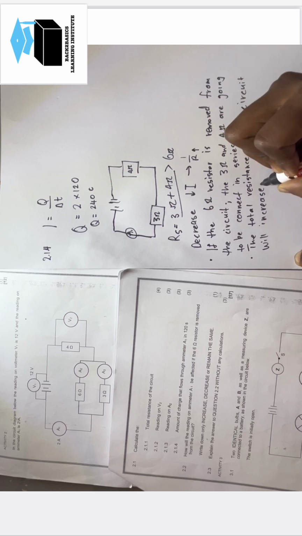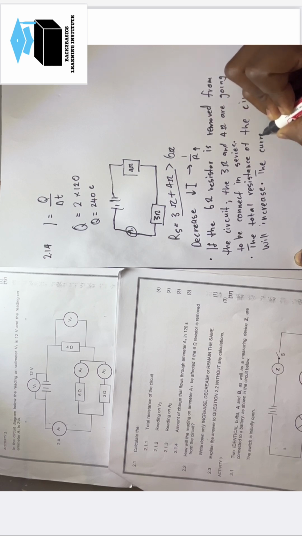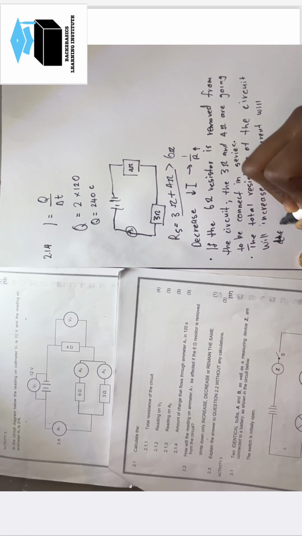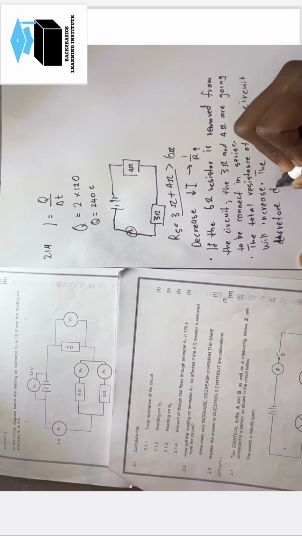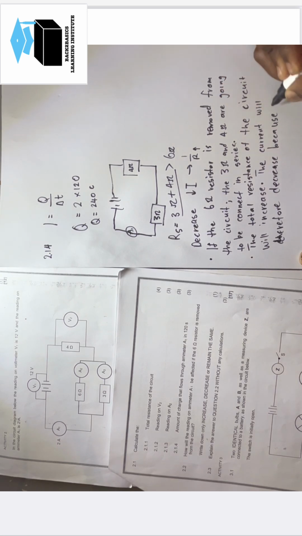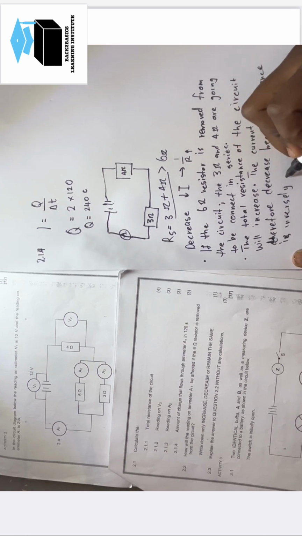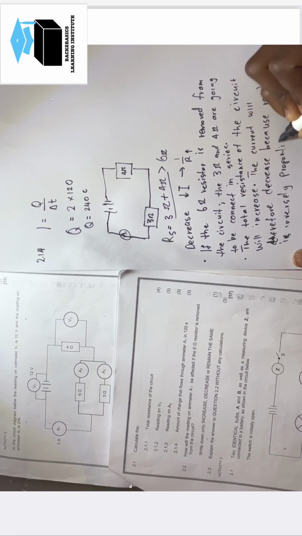And as soon as the total resistance of the circuit increases, the current will therefore decrease, because resistance is inversely proportional to current.